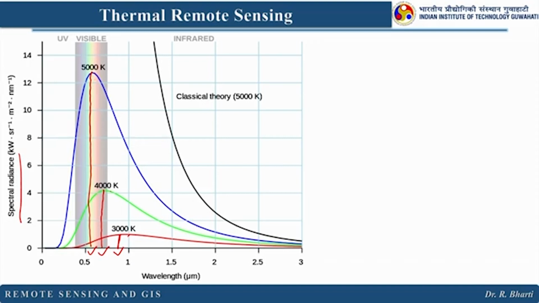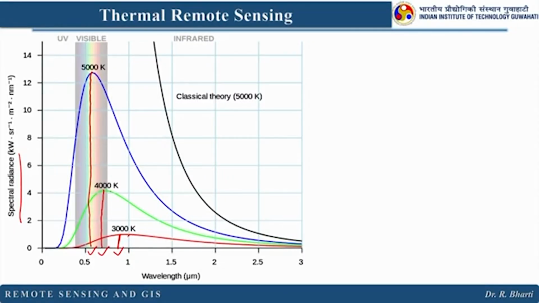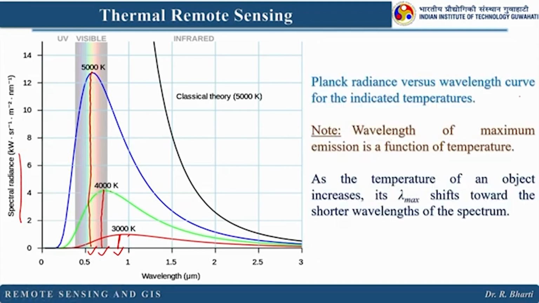Now you just see, as we are increasing the temperature of the target, what will happen? The energy line is shifting towards the shorter wavelength. So that's why we say that shorter wavelengths have high energy, right? So this is one of the theories you can correlate. So the Planck radiance versus wavelength curve for indicated temperatures is shown here.